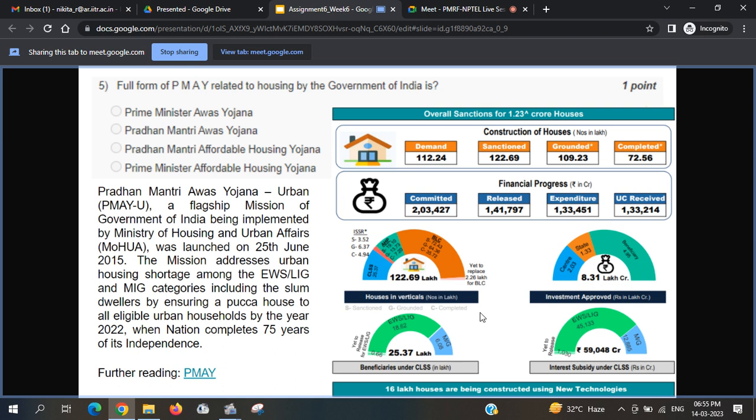So this is a graphic which has been provided by the PMAY website of what this program has achieved by 2022.